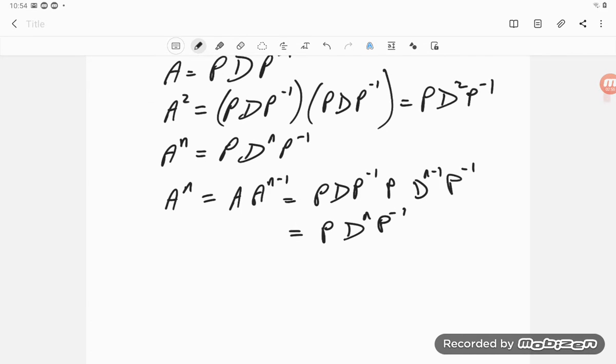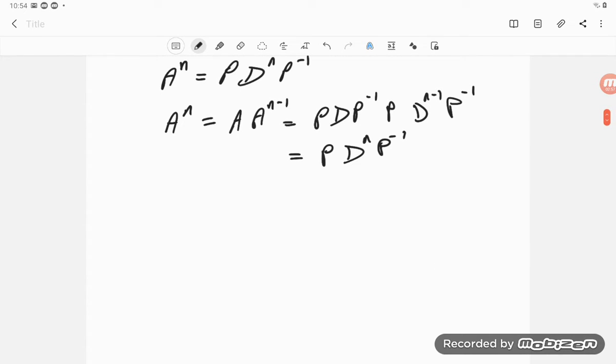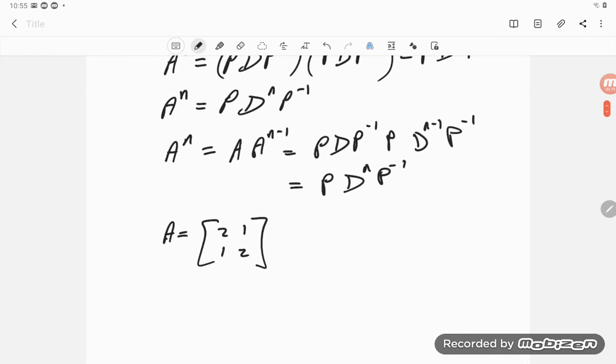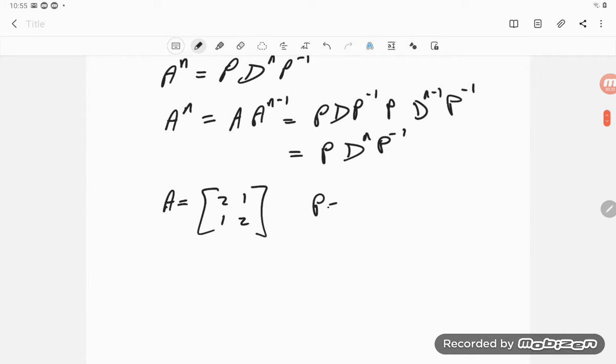And so if I have some matrix, they gave us in example 6.22 a case where A is equal to 2, 1, 1, 2, and P is equal to negative 1, 1, 1, and 1.